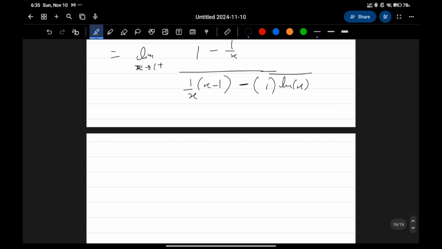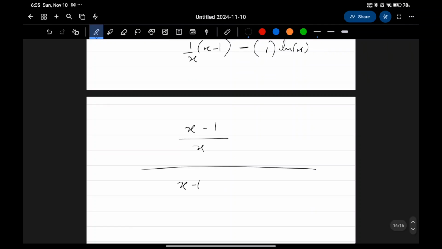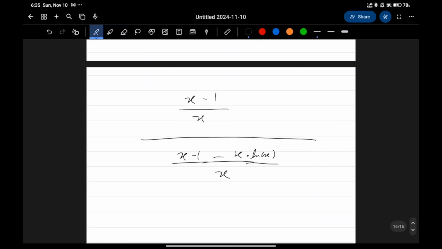So this would become x minus 1 over x, and on the bottom let me do a bit of cleaning up, so it would be minus log of x, well, x times log of x over x.